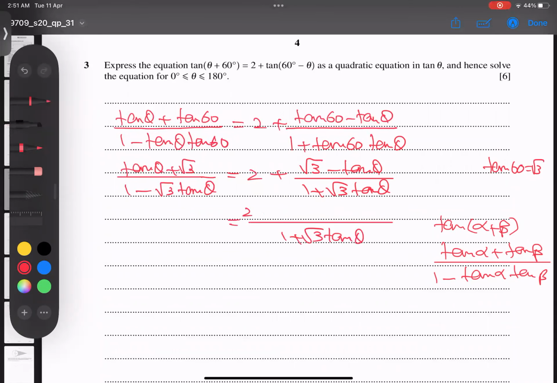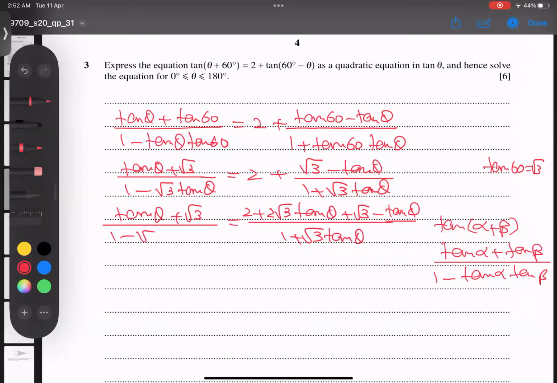So I got 2 plus 2√3 tan theta plus √3 minus tan theta. This is done. Left-hand side I have as it is, tan theta plus √3 over.